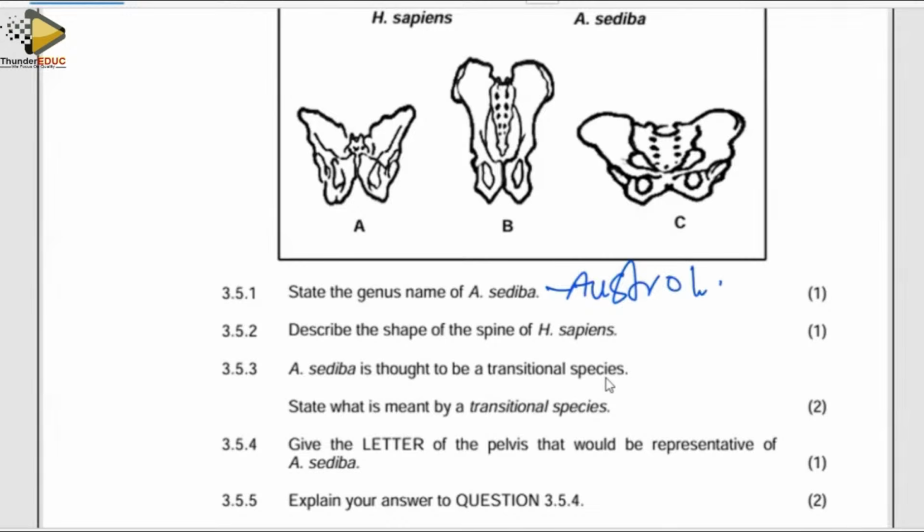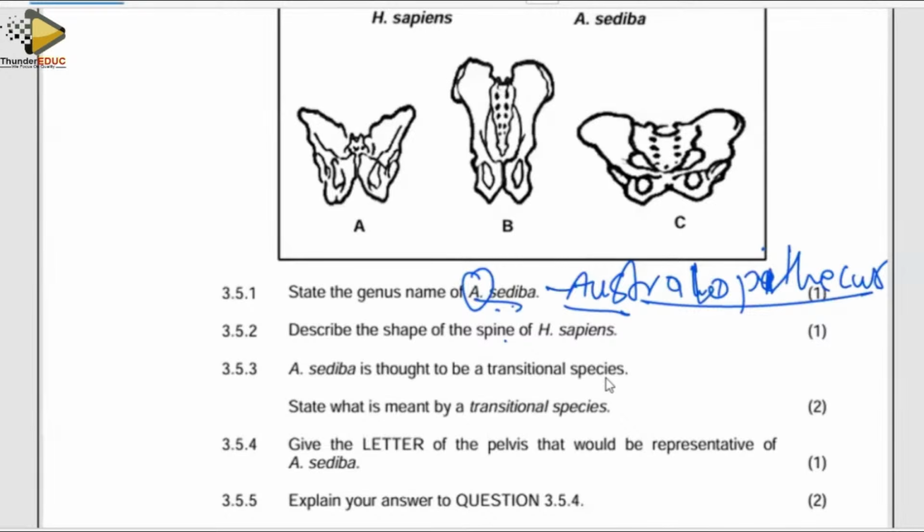You see Australia, you see Australopithecus. Sediba, it means that that's the species, and Australopithecus is the genus. First name is the genus, the second name is the species.